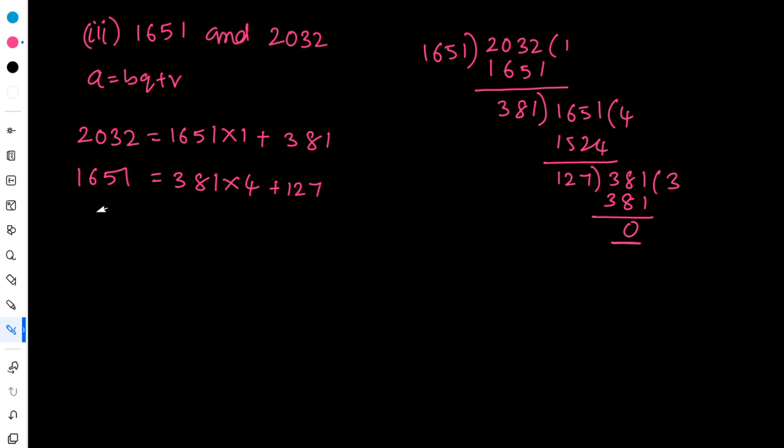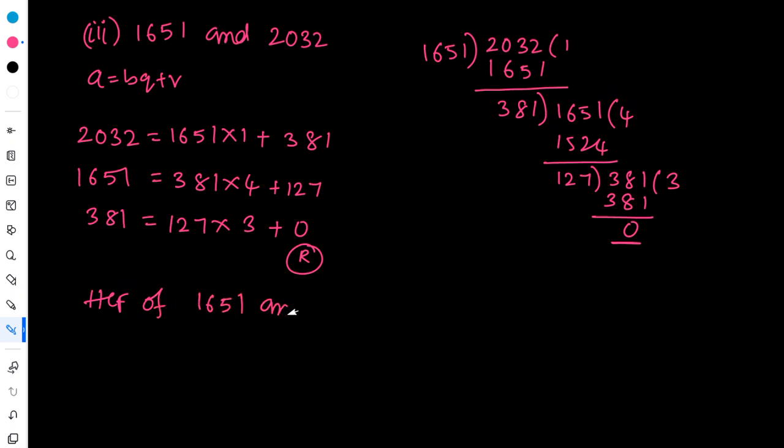Now write this 381 here: 381 equals 127 into 3 plus 0. So the remainder is 0. Now stop this process. The HCF of 1651 and 2032 is 127.